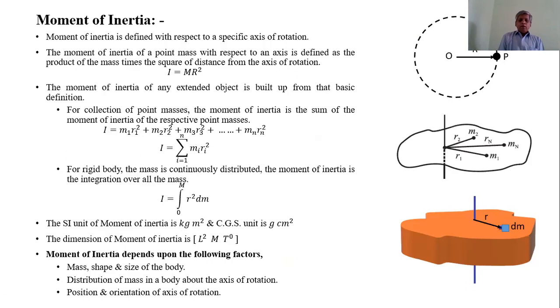Now, on which factors does the moment of inertia depend? If we consider a solid cylinder or bodies which have the same mass, for example, if I show here two objects, one is this eraser or charger, this is a bat, this is a mobile.